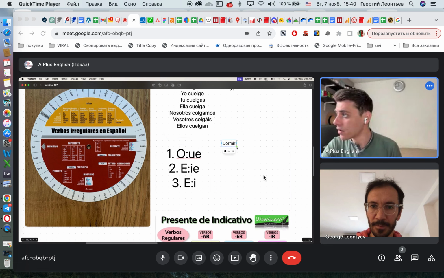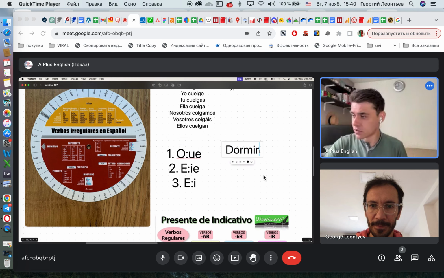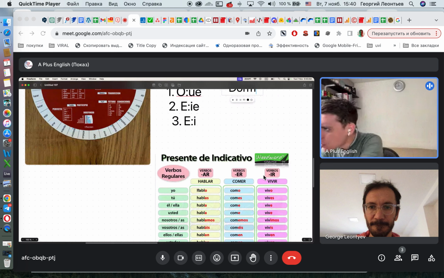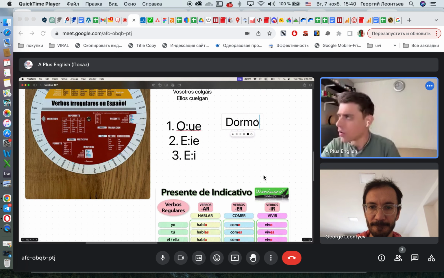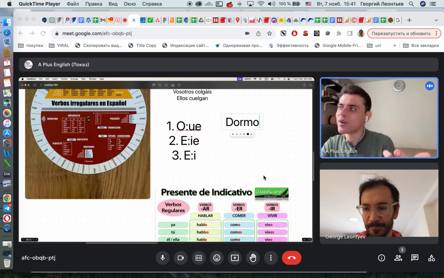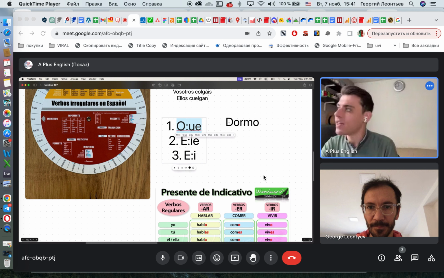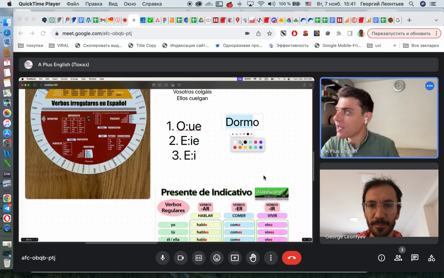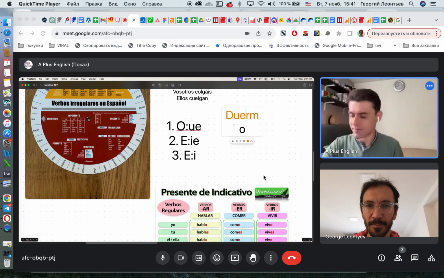So I take away the IR. And then for yo, if it's regular, the ending is O. So it's dormo. But that's not what we have over there. We have duermo. Because the verb dormir has this O in the stem, and the O in the stem has to change to UE.